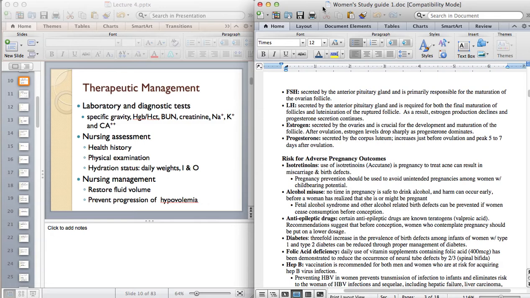Note that the weight is the most important assessment you will do that will determine the total body fluid loss.